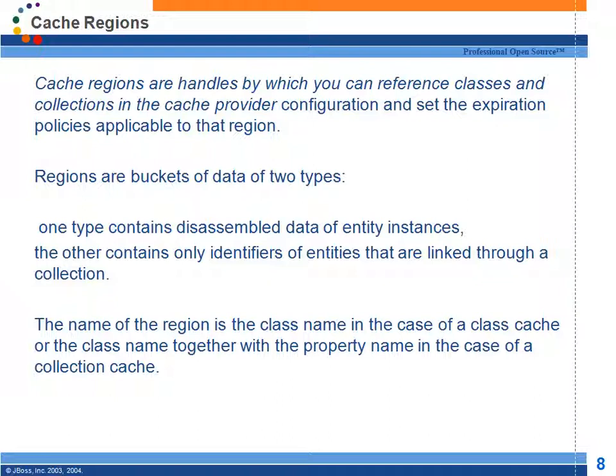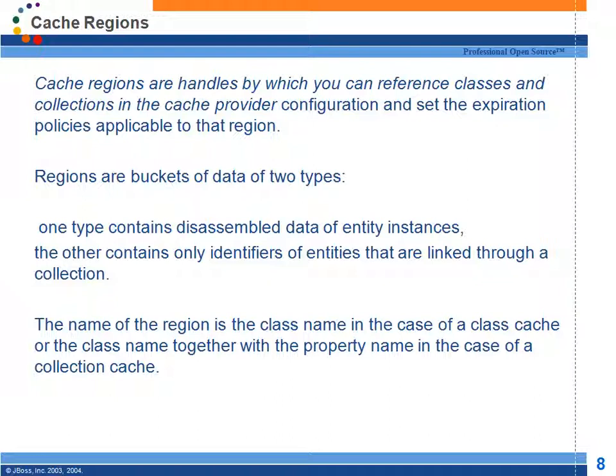Suppose among 20 entities in your application, only 5 classes are eligible for second level cache. Then you have to specify, for each class, the cache region name. For one class, one cache region will be present. So cache regions are handles by which you can reference classes and collections in the cache provider.